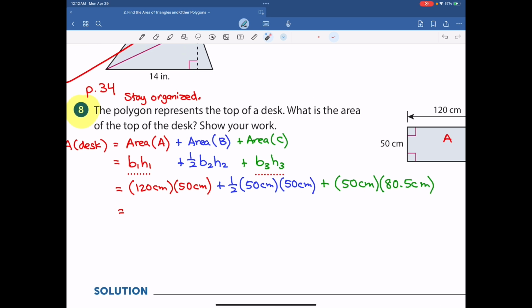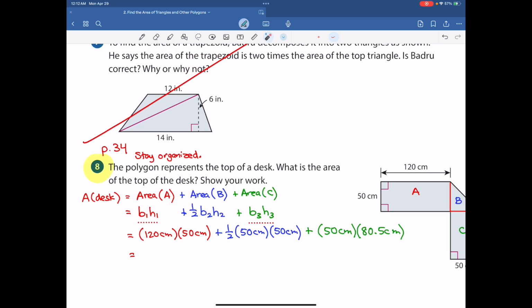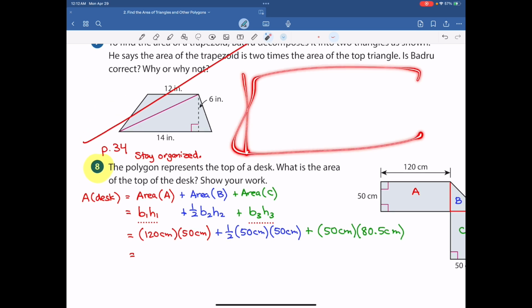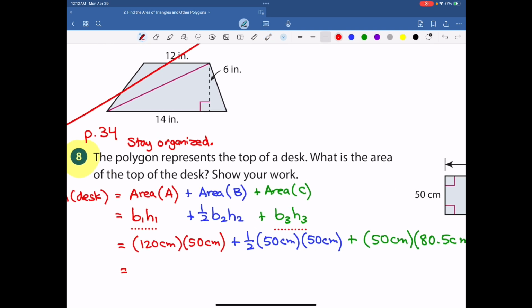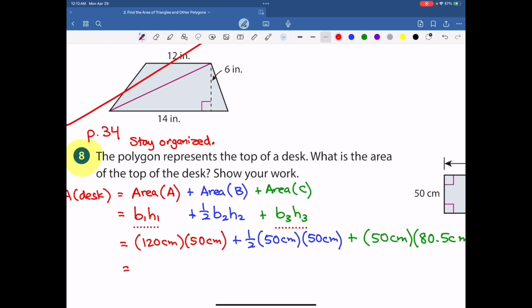So first up, we have 120 centimeters times 50 centimeters. I'll do my work up here in this workspace. I'm going to set up the multiplication like this, and I'm going to save my hanging zeros for later. So these two hanging zeros, just let them hang out all by themselves.